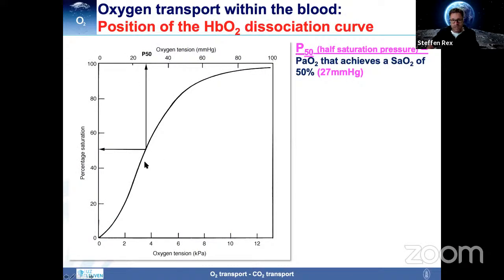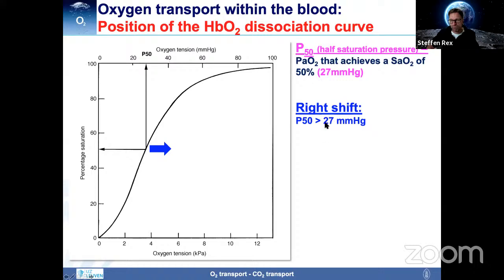We can describe the position of this hemoglobin dissociation curve with the so-called P50. That is the half saturation pressure. That is the PaO2 that achieves arterial oxygen saturation of 50%. And in normal patients, it's around 27 millimeters of mercury. If we have a right shift of this curve, the P50 is higher than 27 millimeters of mercury.